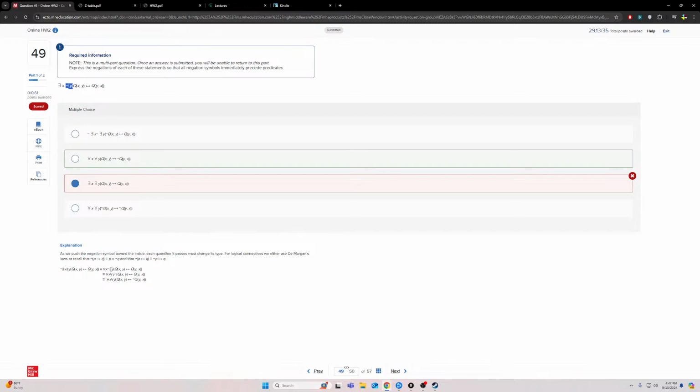Distribute that not, have that not, just put that there. And then when we distribute that, only the second one's not. Interesting. Good to know that though.